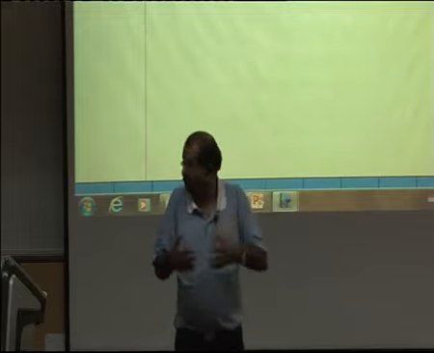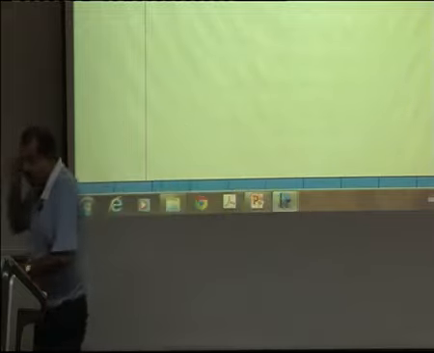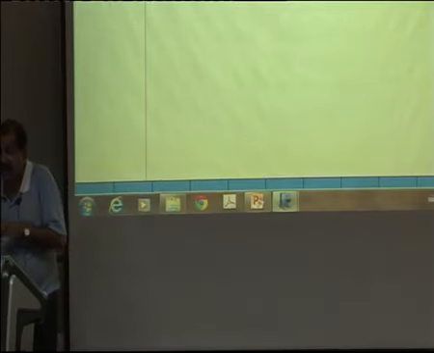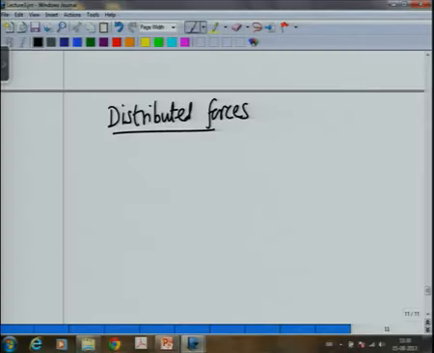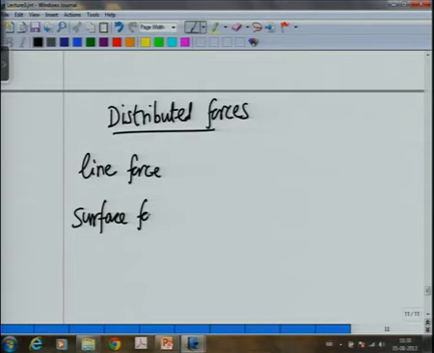So therefore, in real life, the forces may not be acting at discrete points, and we have distributed forces, and we could divide them into three parts. We could call them a line force, or a surface force, or a volume force.